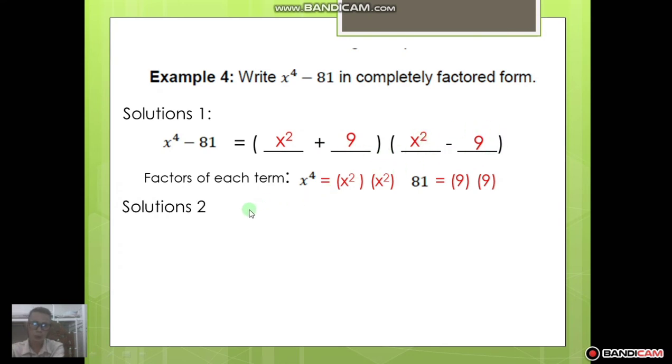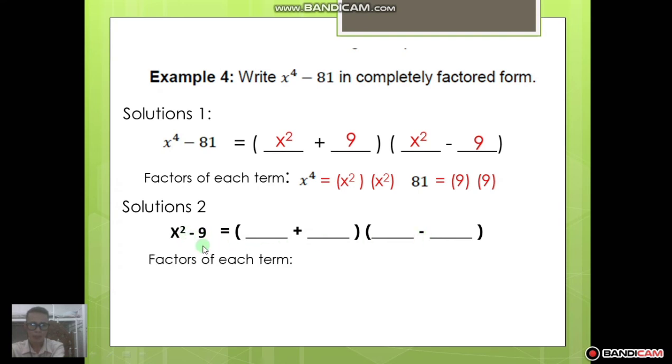We have now our solution number 2. Let us focus only on this expression, x squared minus 9. We will do the same. Draw two blank parentheses with opposite operations, plus and minus. Then factors of its term, we have x squared. The factors are x multiplied by itself.